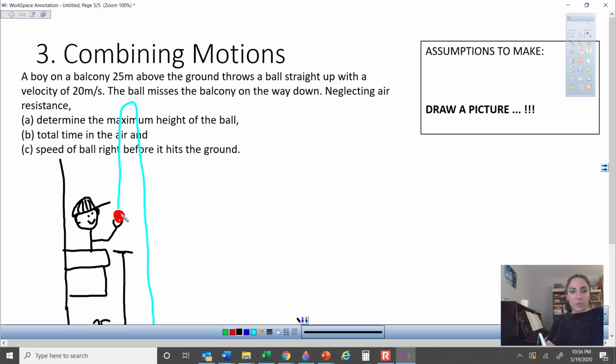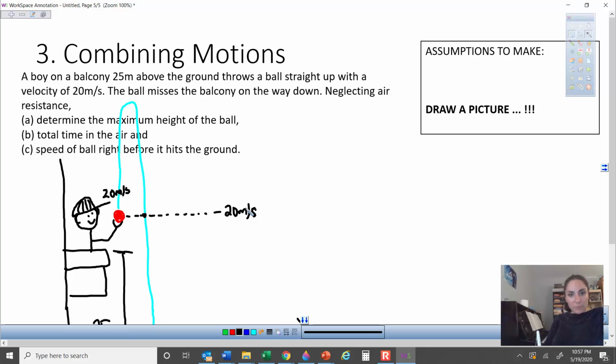start labeling. I know that it's moving at 20 meters per second at the beginning. Here's a really helpful trick. Right here, where my dotted line is, that's the same position as the start. At this location, the velocity is negative 20 meters per second.